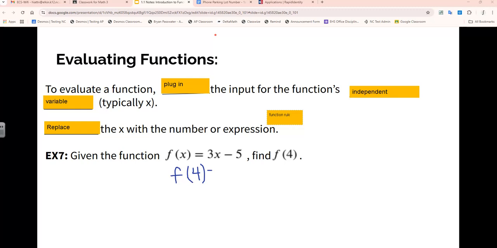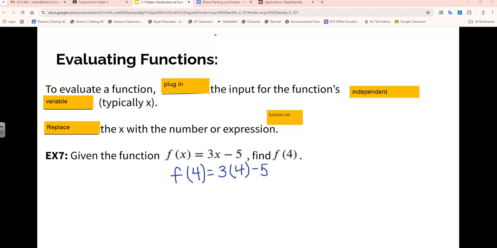F of 4 equals. Now that's just a label. That's not saying f times 4. That's just saying we plugged 4 into the function, and then you'll do 3 times 4 minus 5.